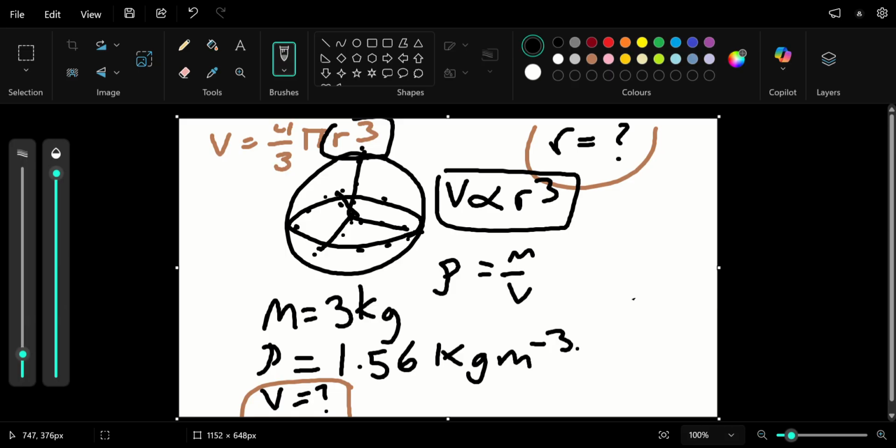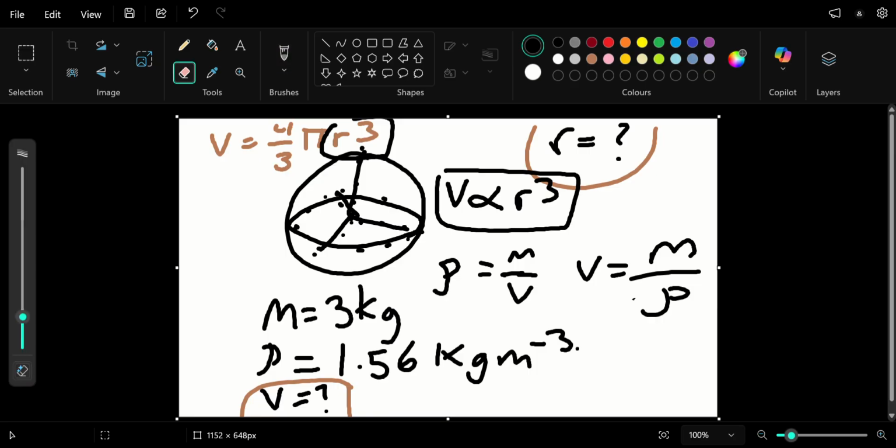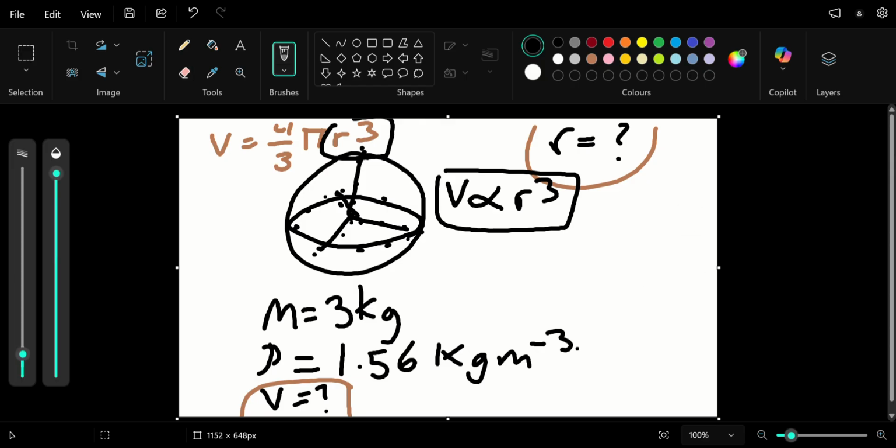So we have density is mass over volume. Rearrange that for volume is mass over density. Let me make some space, clear a few things up. Plugging our values in.